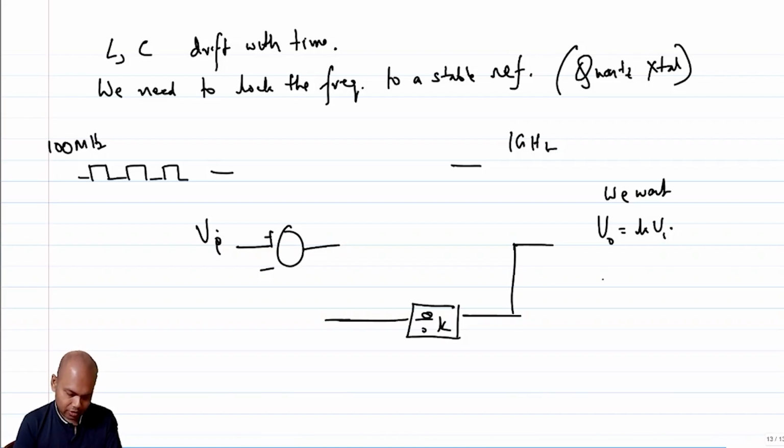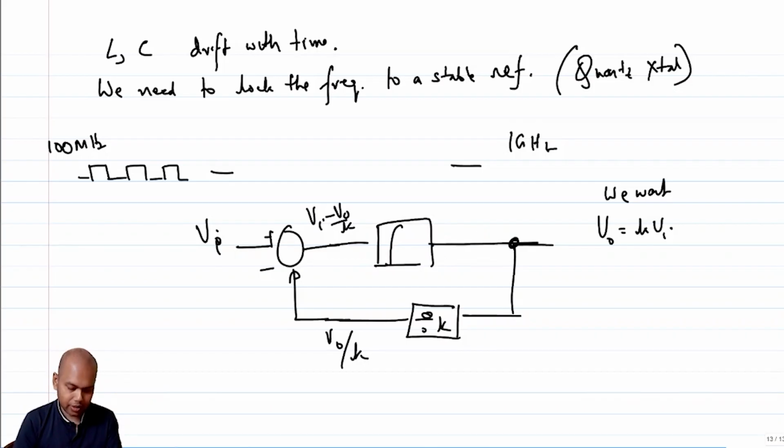So I divide this voltage by K, so this becomes V naught by K. I compare it with Vi. Comparing is basically a subtracting operation, so this becomes Vi minus V naught over K. Then I amplify or integrate it over time, and use the integrator to drive the final output. The integrator at a very low frequency has a very large loop gain.